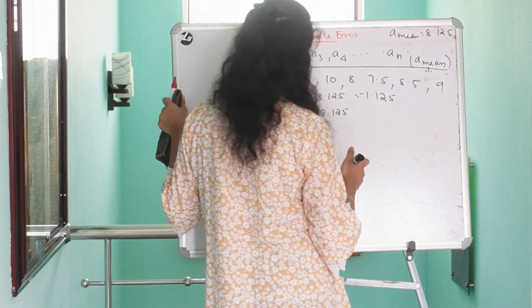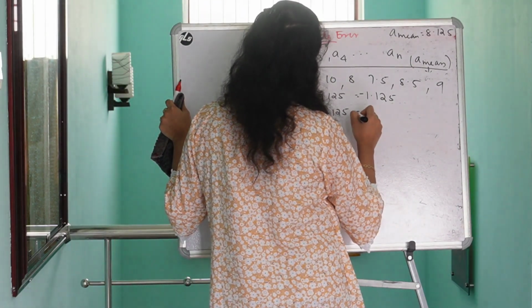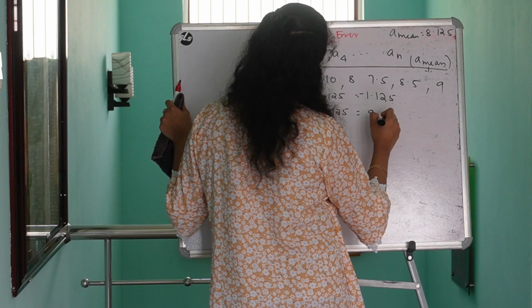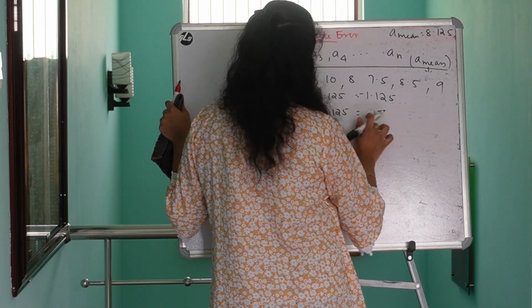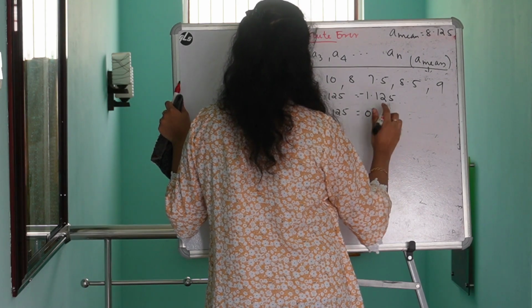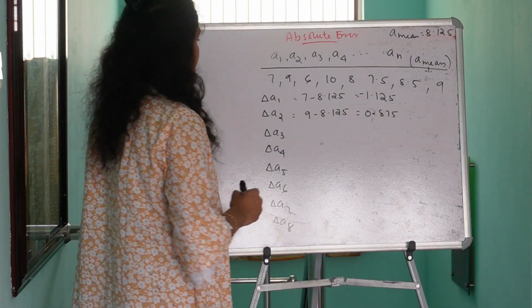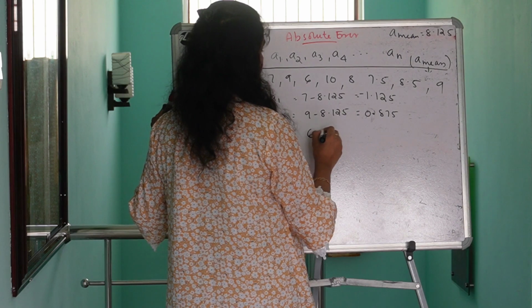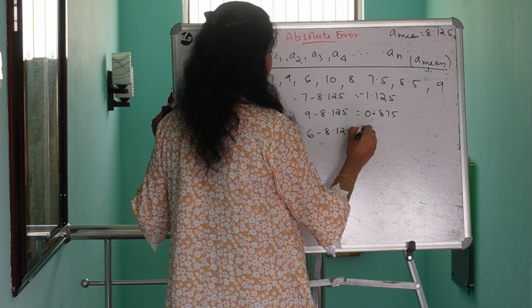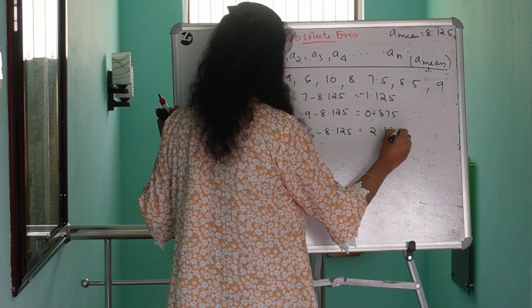So here we will get 0.875. The next value is 6 minus 8.125, that is equal to minus 2.125.